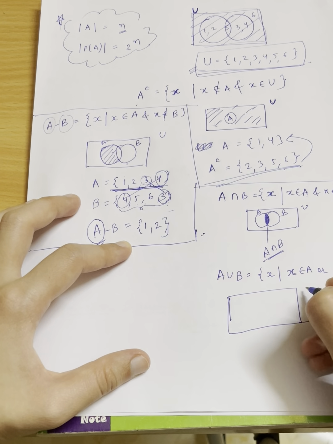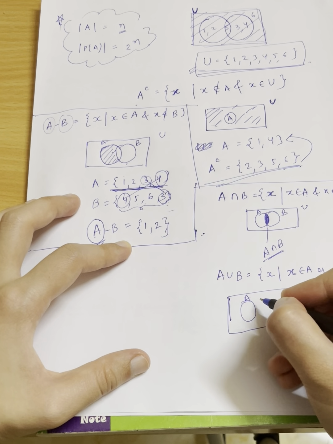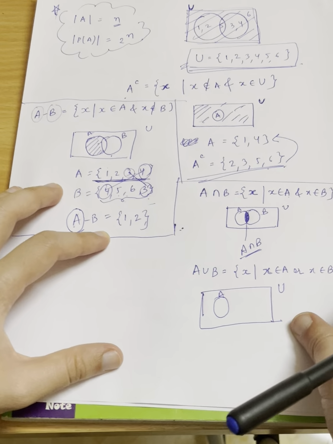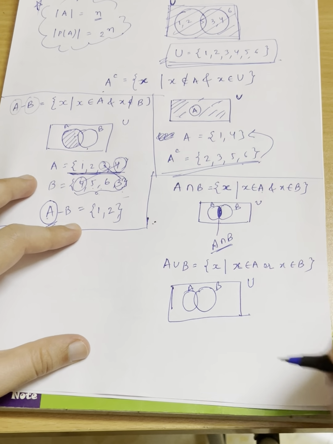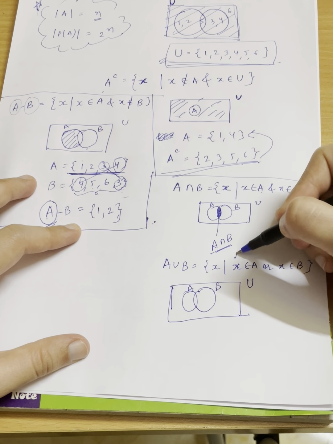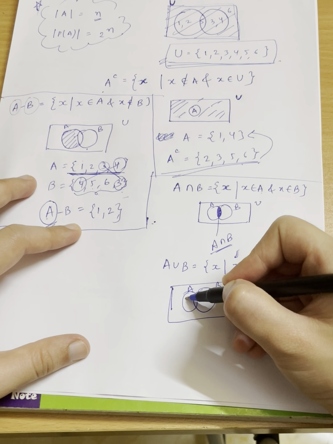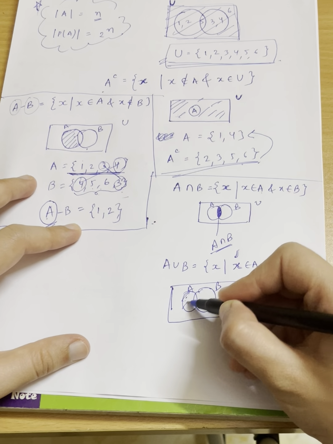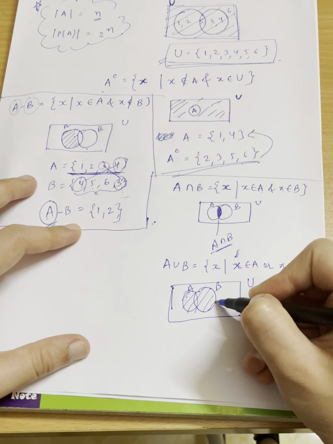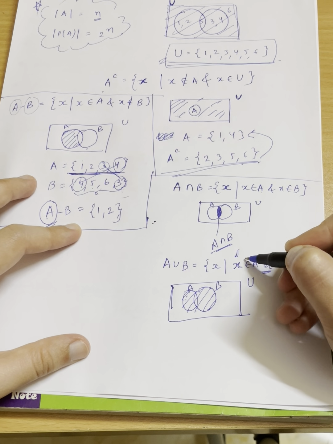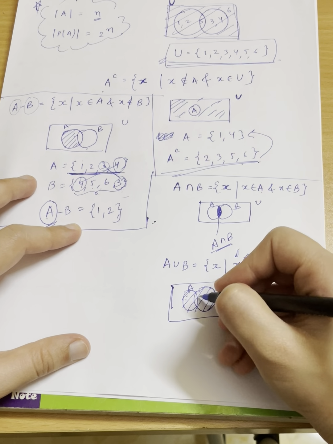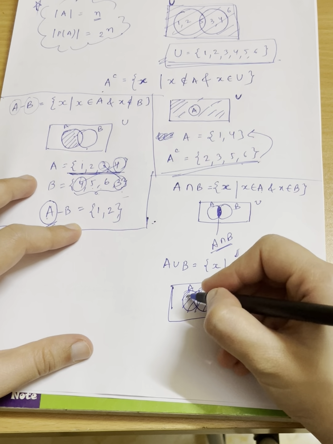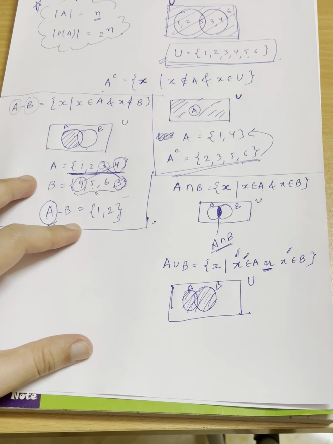A here and B here. So this element belongs to A also and this element belongs to B also. I mean, "or" means either this element belongs to A or B. You need to consider that. So this whole one is union.